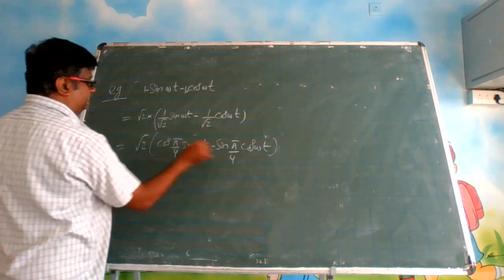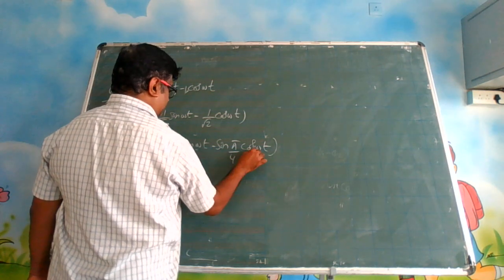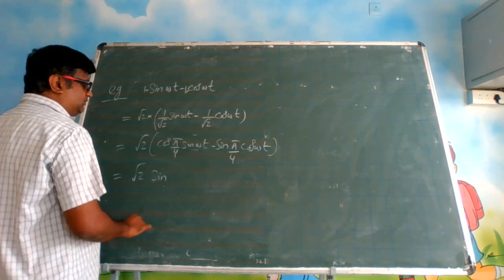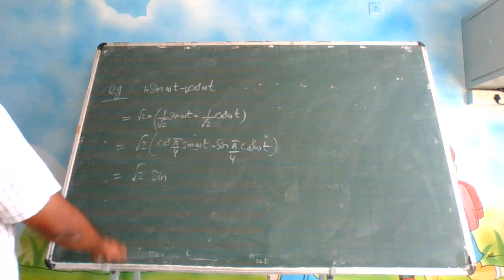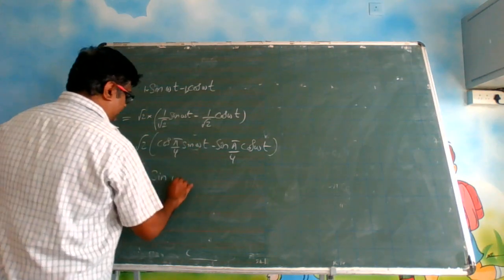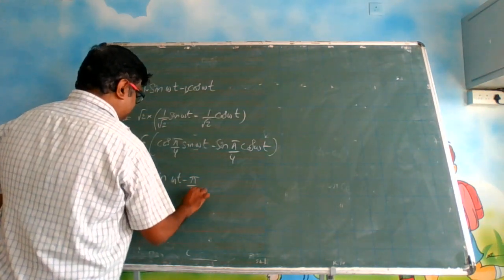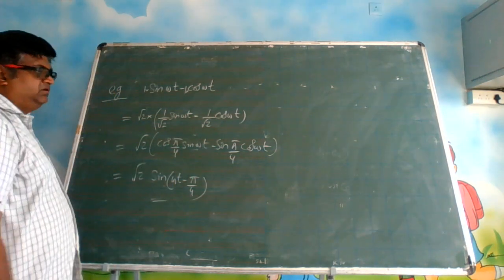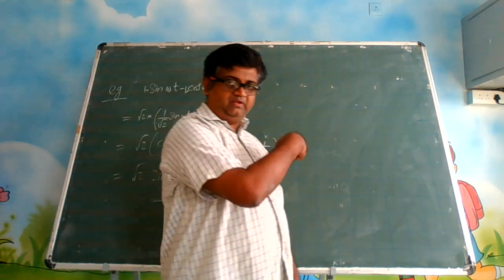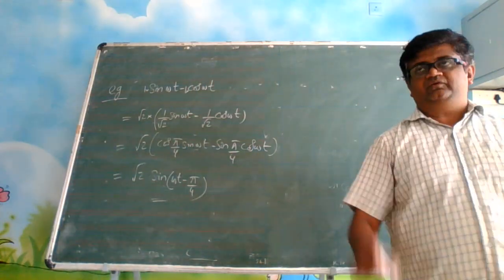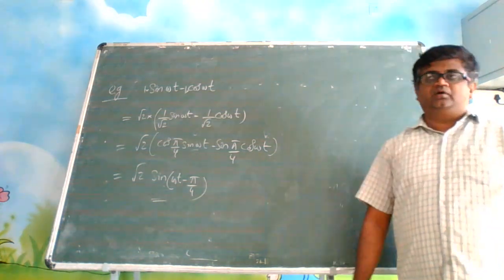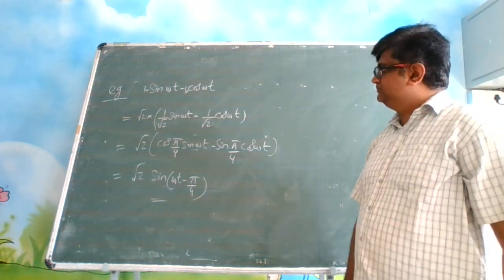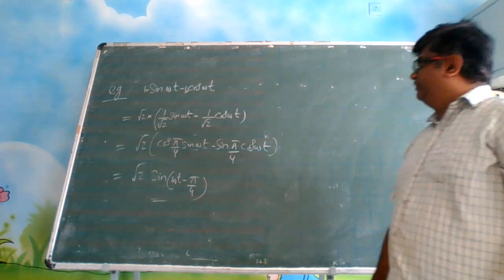Sin A cos B minus cos A sin B. So we can write this as root 2 into sin of omega t minus pi by 4. So is this a simple harmonic motion? It is a simple harmonic motion. In the previous illustration I showed you that when you write y is equal to sin omega t or y is equal to cos omega t, it is a case of simple harmonic motion. Note it down.